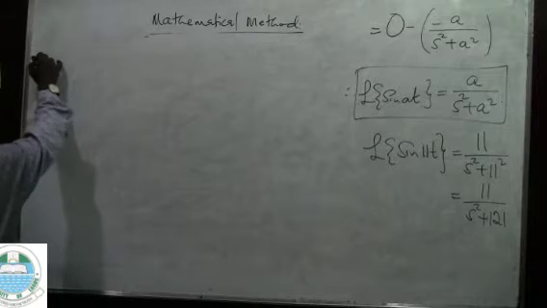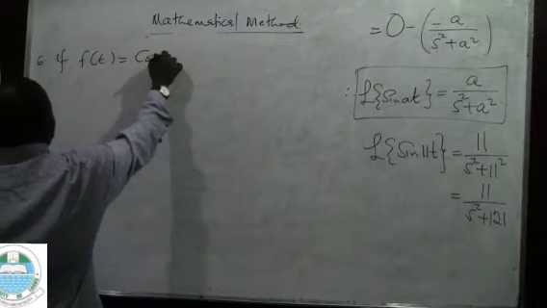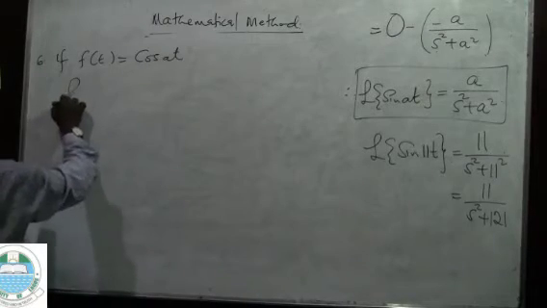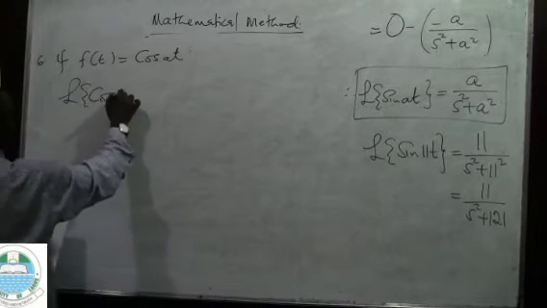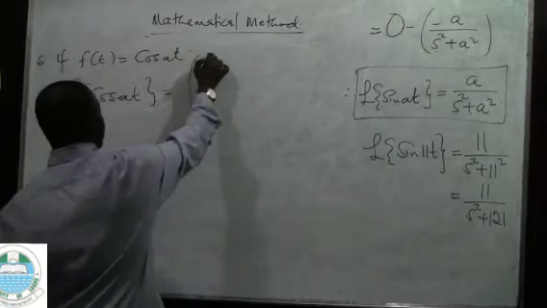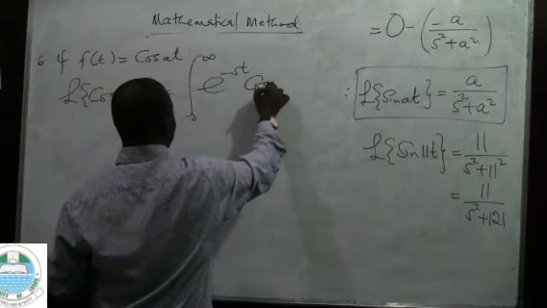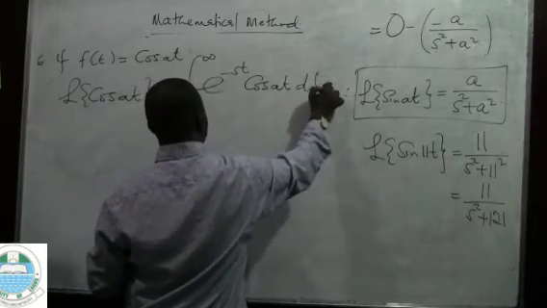Laplace number 6. If f of t equals cos at, then what do we have? By definition, Laplace of cos at equals integral from 0 to infinity exponential of minus st cos at dt.